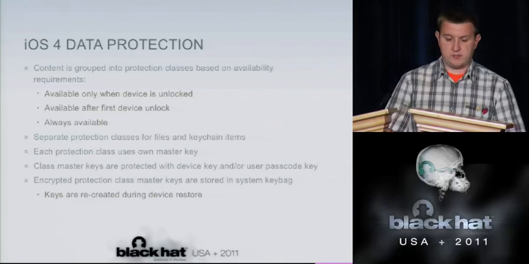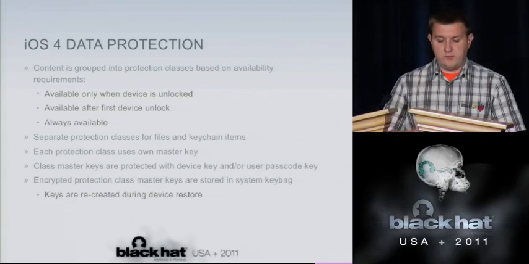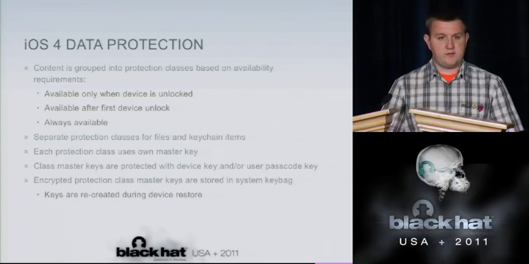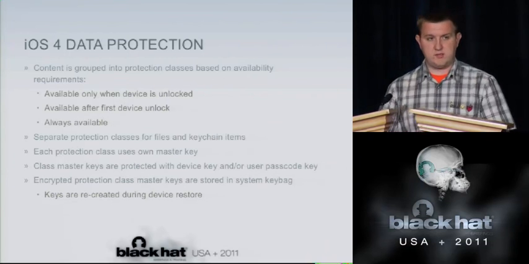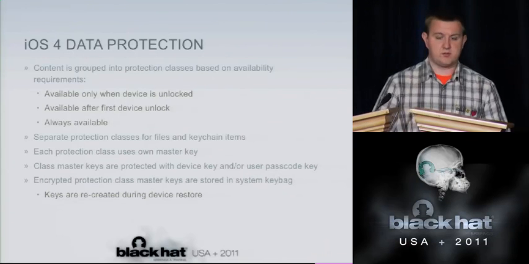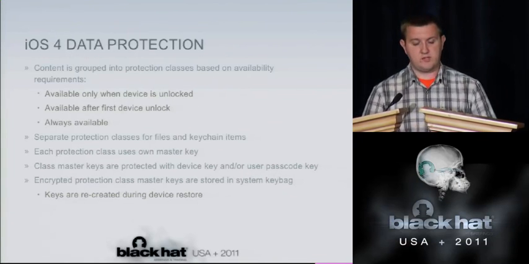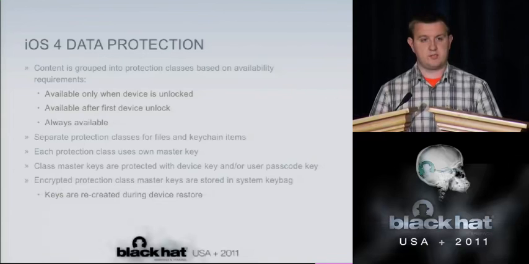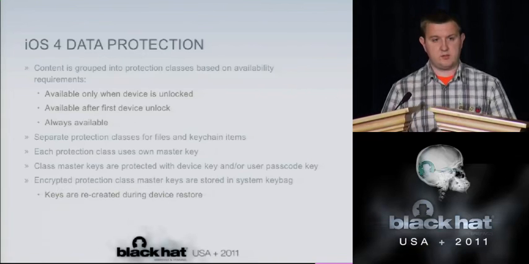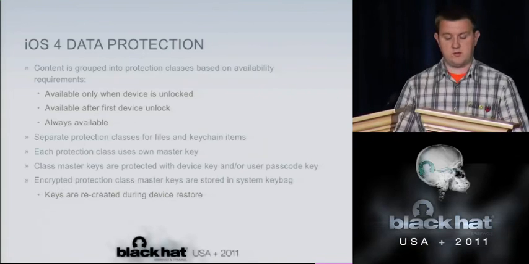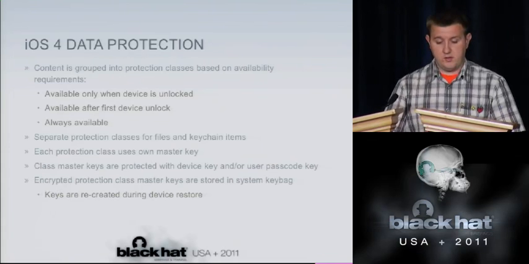Those domains are: data available only when the device is unlocked; data available only after the device was unlocked for the first time, and remaining available until the device is switched off or reset; and data available at all times, no matter whether the device is locked or unlocked.